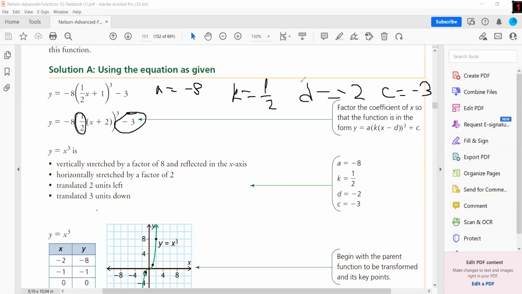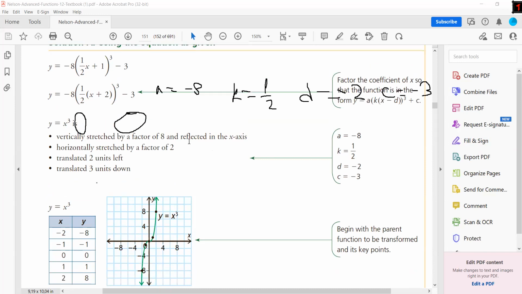Basically, what is happening to our parent function? It's getting stretched by a factor of 8 and reflected in the x-axis. So it means the end behavior would turn the opposite way. I'll use the red color to visualize it on this graph.